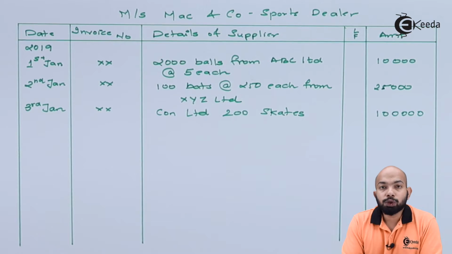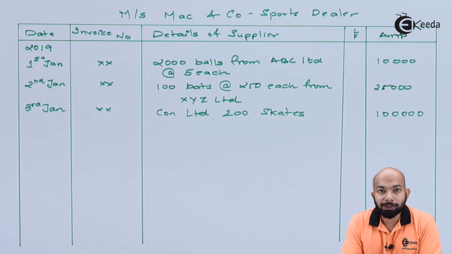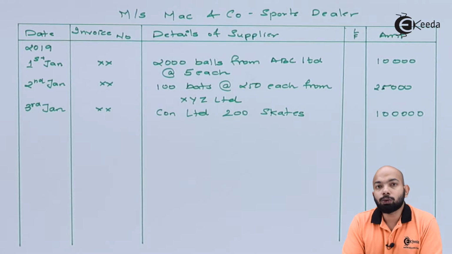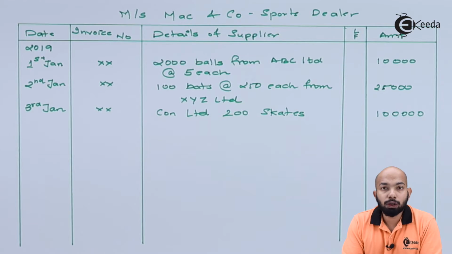The third transaction refers to 200 skates being taken from Con Limited for rupees 1 lakh. That means the total amount can be directly posted in the amount column, which is 1 lakh, and the description will be Con Limited, 200 skates. Let's go on to the fourth transaction.